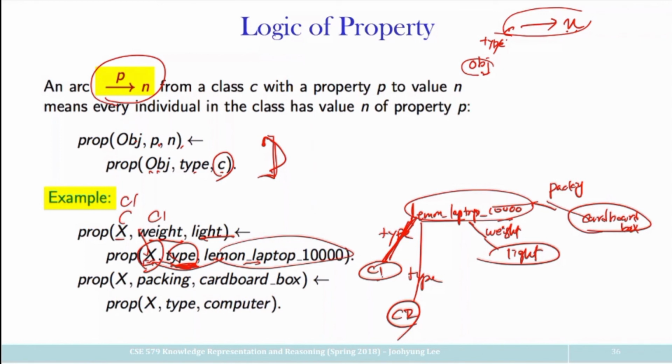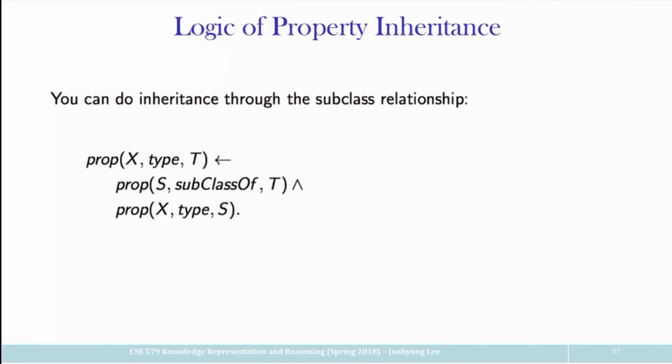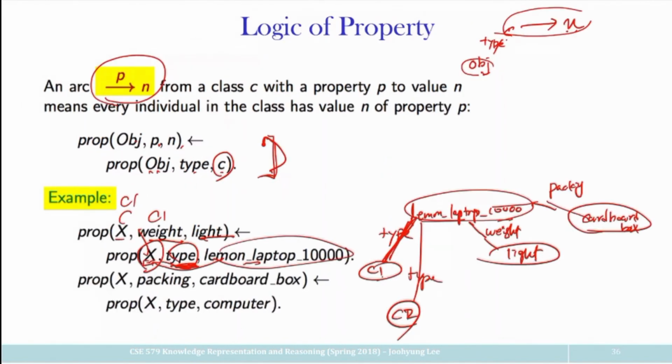Now we can actually talk about more things. The next slide shows you can also do inheritance from the subclass relation. If S is a subclass of T, and you know that X is a type of S, then you can also say X is a type of T. So in that sense, you have introduced the subclass-of relation.